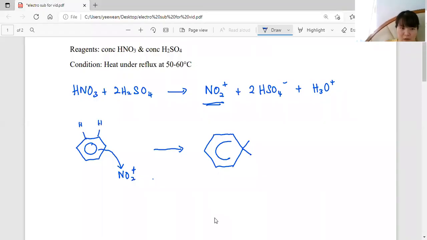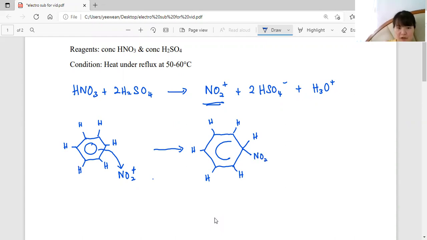Keep in mind that all these has a H bonded to it. So I'm just going to make it clear and draw the H there. They all have a H. And this has a H as well. But now it also has an NO2 here.